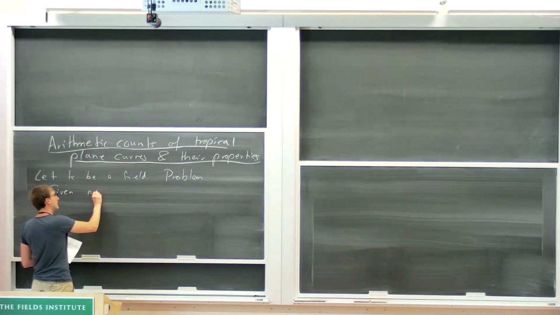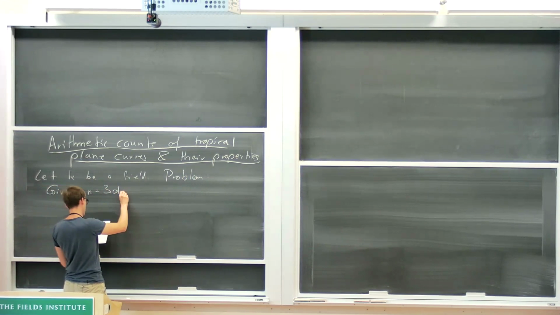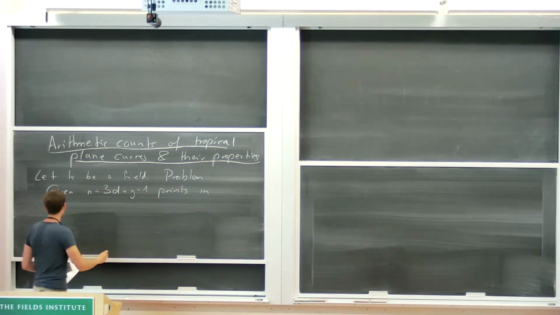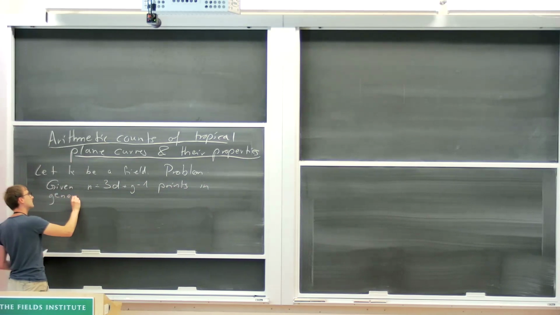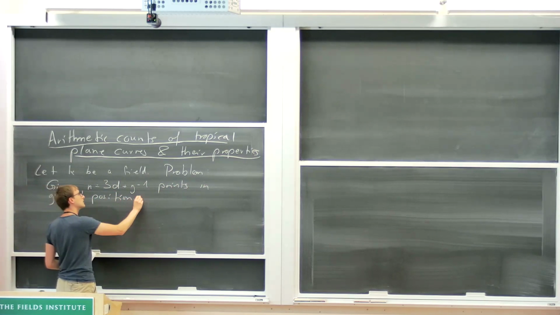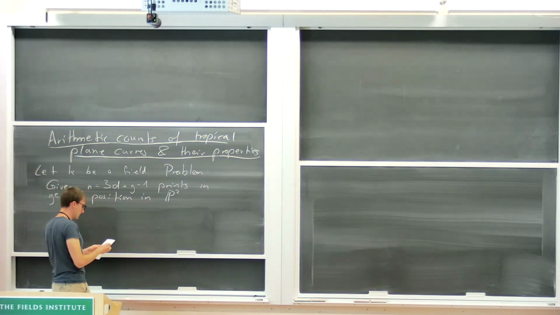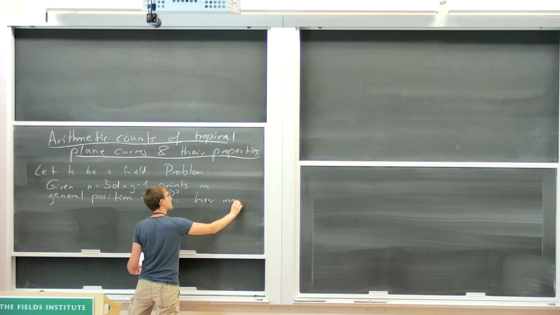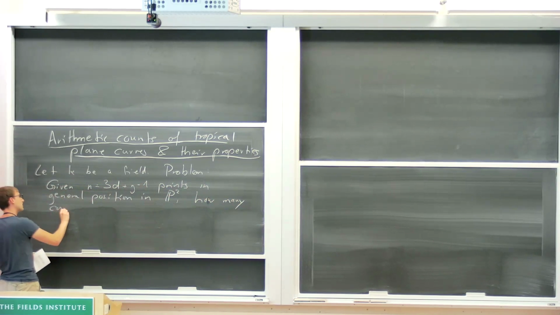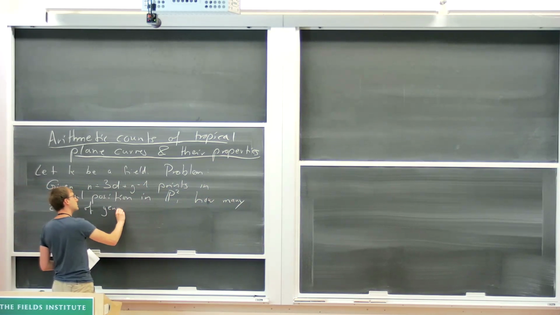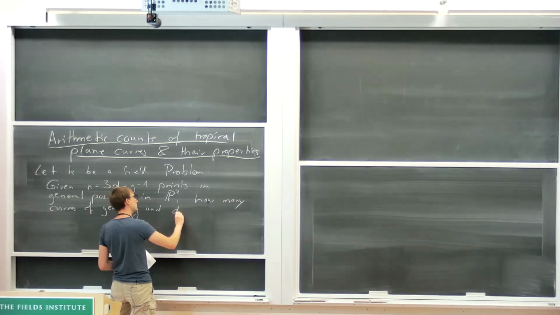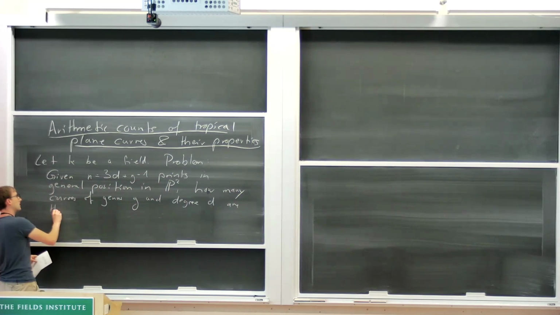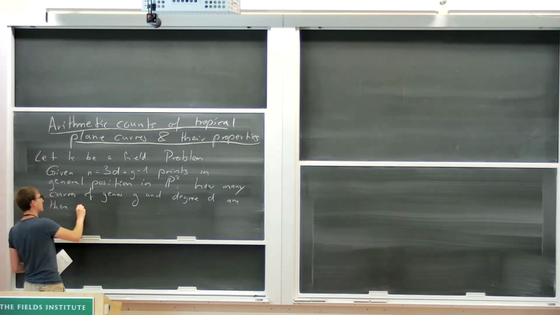Given n equals the correct number, which is 3d plus g minus 1 points in general position in the plane P2, let me ask how many curves of genus G and degree D are there such that these curves pass through the points.